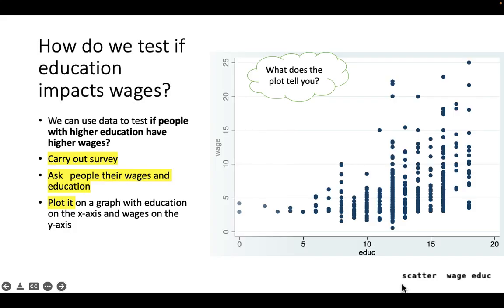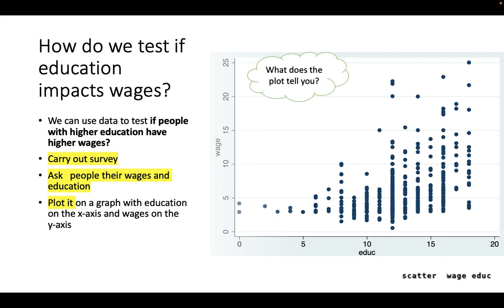By looking at this graph, which by the way is called a scatter plot, each point represents a particular person who was surveyed, and he gave some information about his level of education and his wage. So by looking at this plot, I wonder what you see over here.